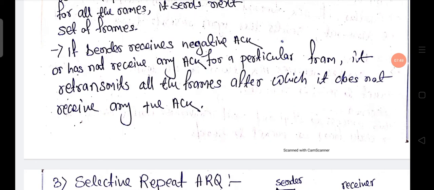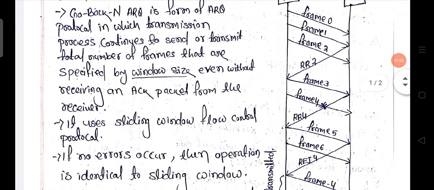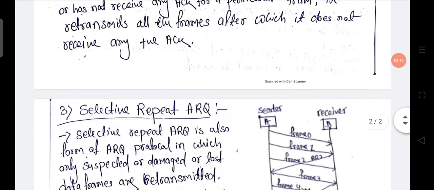Due to these disadvantages, this method is generally not used.